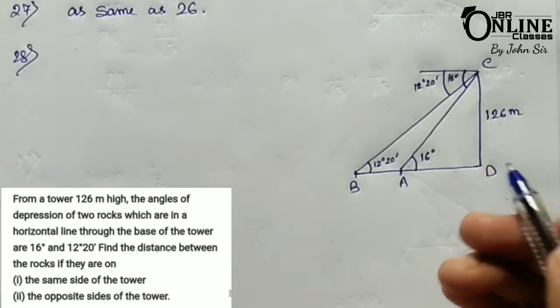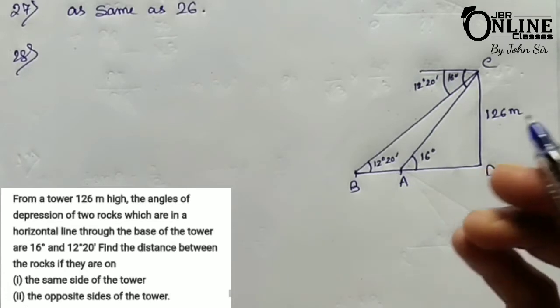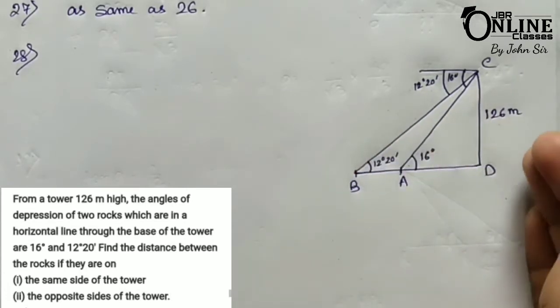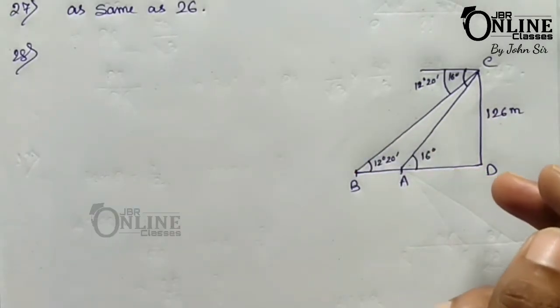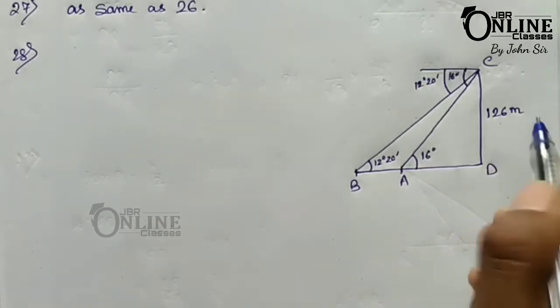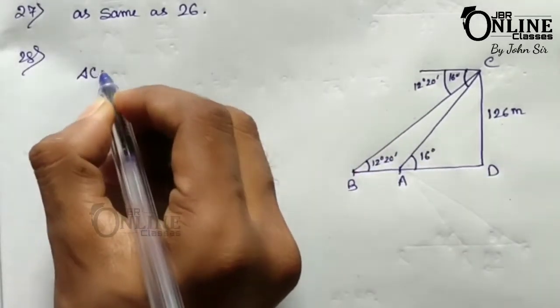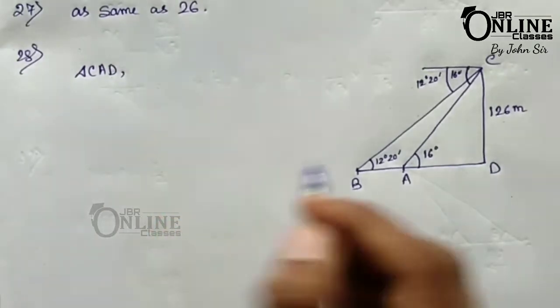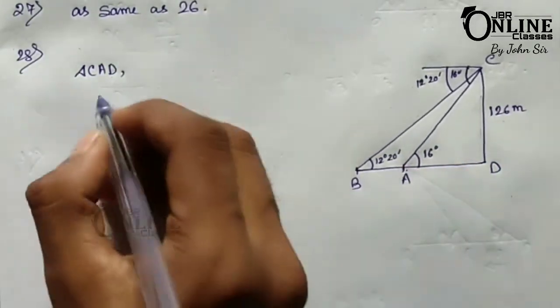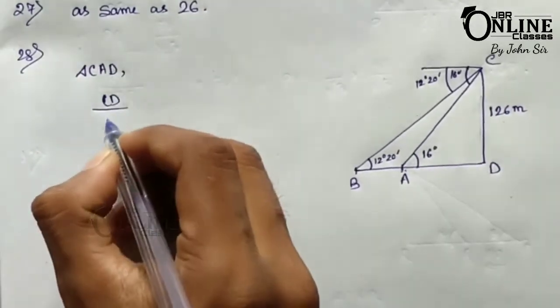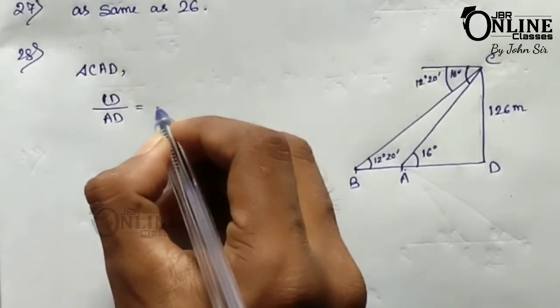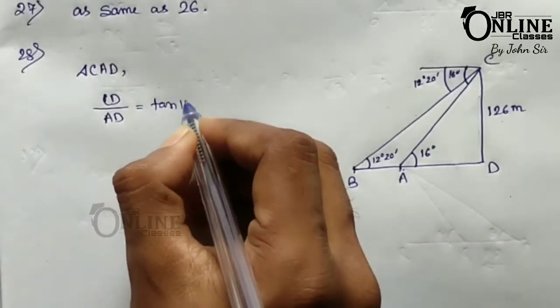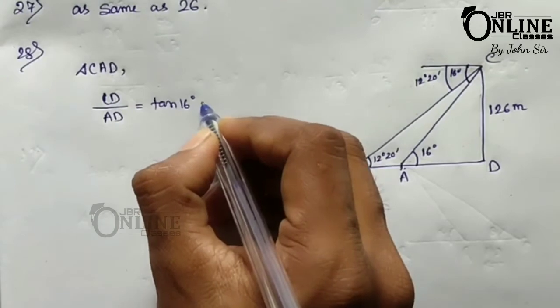In the next drawing we will show how to draw the two rocks on opposite sides. So first solve this one. So here in the first triangle CAD, CD by AD equals 1016.